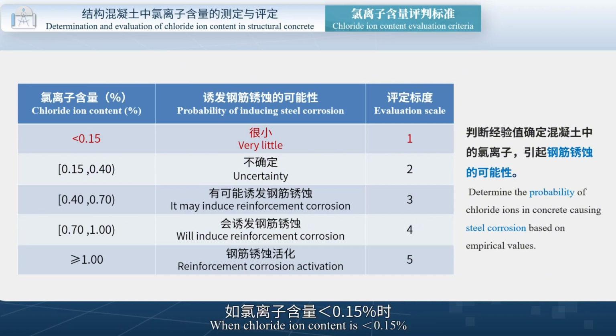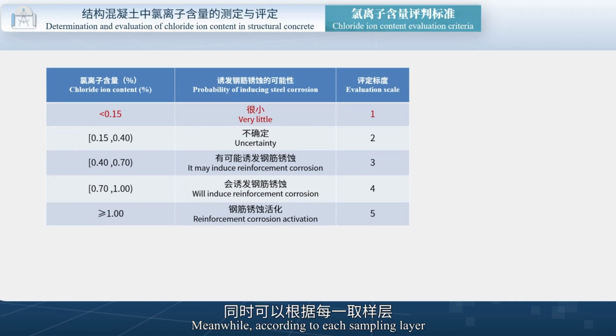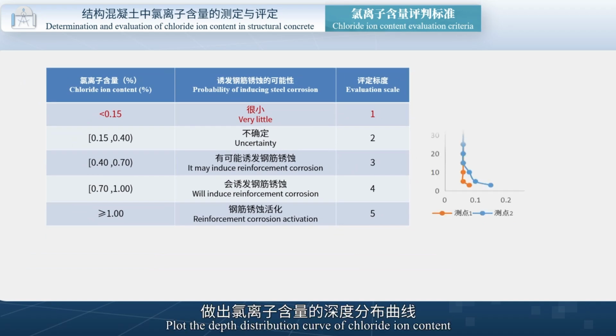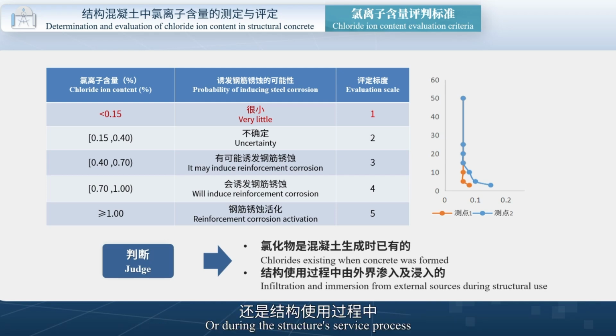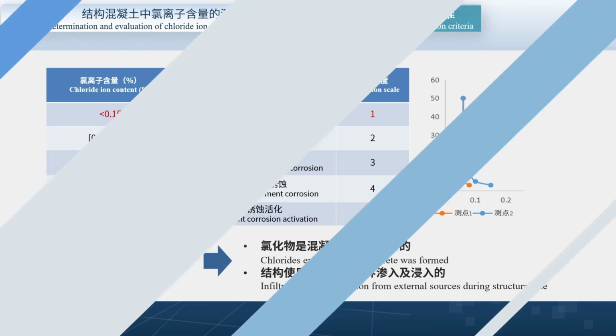When the chloride ion content is less than 0.15%, the probability of inducing reinforcement corrosion is very low. The evaluation scale is 1. Meanwhile, according to each sampling layer, plot the depth distribution curve of the measured chloride ion content. Determine whether chlorides were present during concrete formation or infiltrated from external sources during the structure's service process.